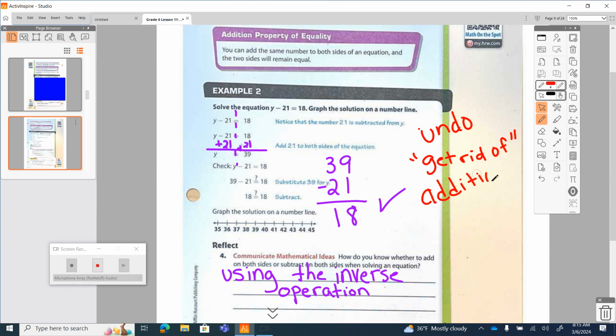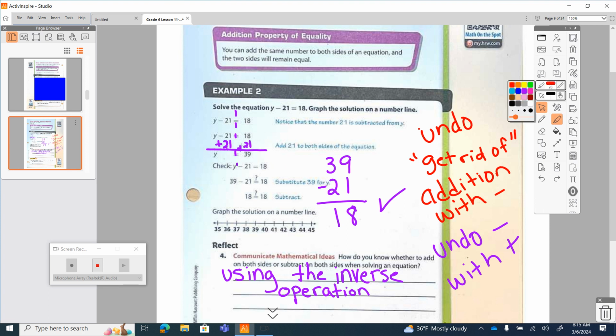Write this down in your notes if you want to. And then you would also undo subtraction with addition. Again, I know I've said this a few times. It is the inverse operation.